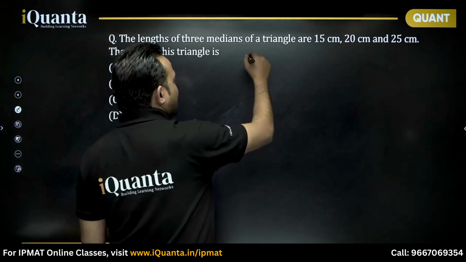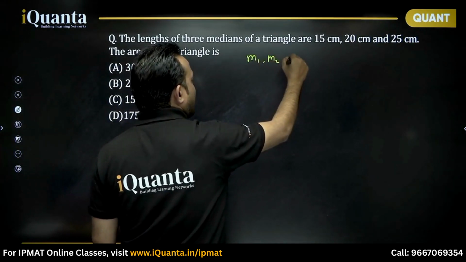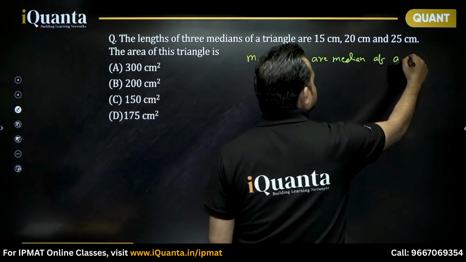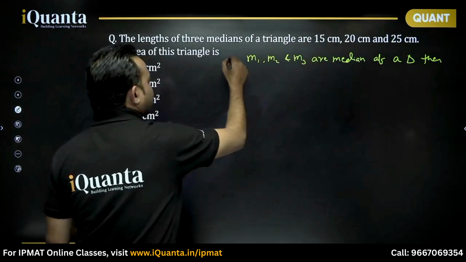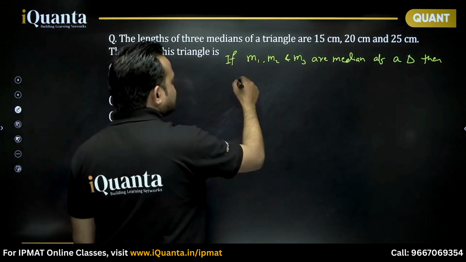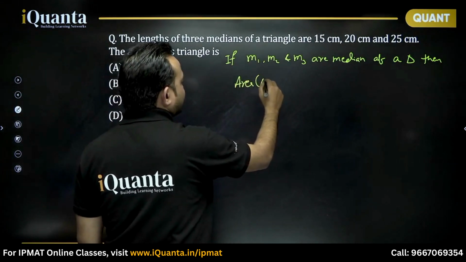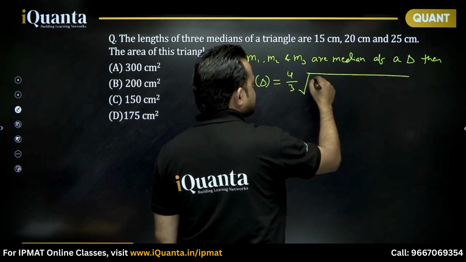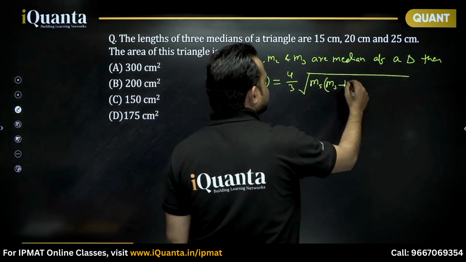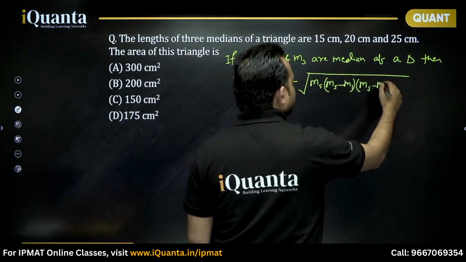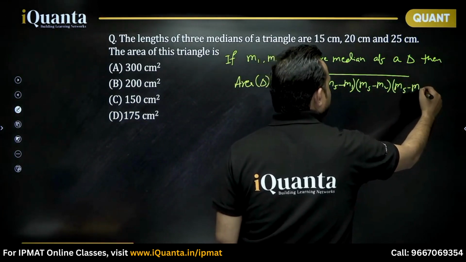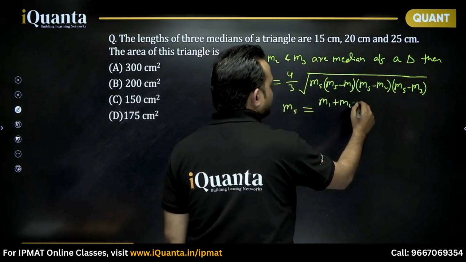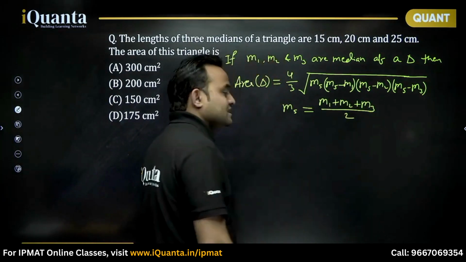If M1, M2 and M3 are the medians of a triangle, then the area of that triangle will be equal to 4/3 square root of MS into MS minus M1, MS minus M2 and MS minus M3, where MS is nothing but M1 plus M2 plus M3 divided by 2, just like Heron's formula.